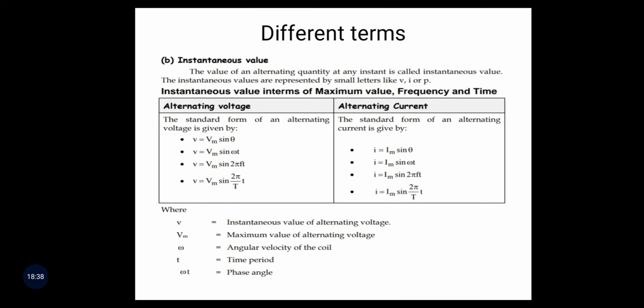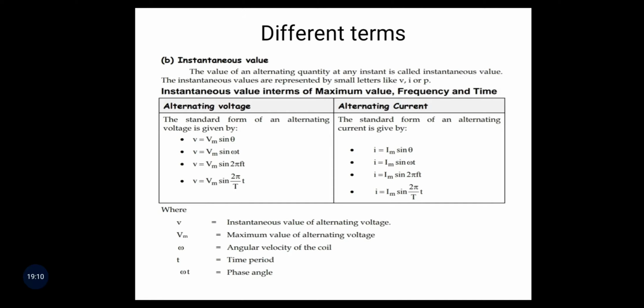The standard form of alternating voltage is given by v equal to Vm sin theta, i equal to Im sin theta. Here Vm is the maximum voltage, Im is the maximum current, and theta equal to omega t.